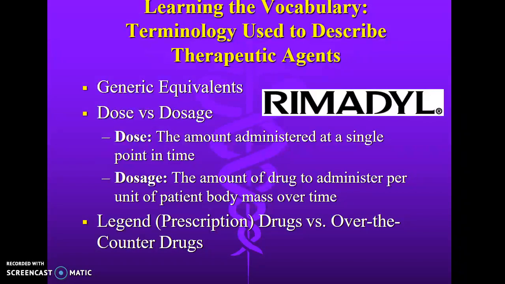So they're a bit safer. They definitely can do harm, but that's the other big difference, is that prescription drugs tend to have more harmful or particular things about them that need an animal or person to be examined. There could be a potential for abuse of a drug, and that's why it's prescription as well. And so those are the main differences between a prescription and an over-the-counter drug.